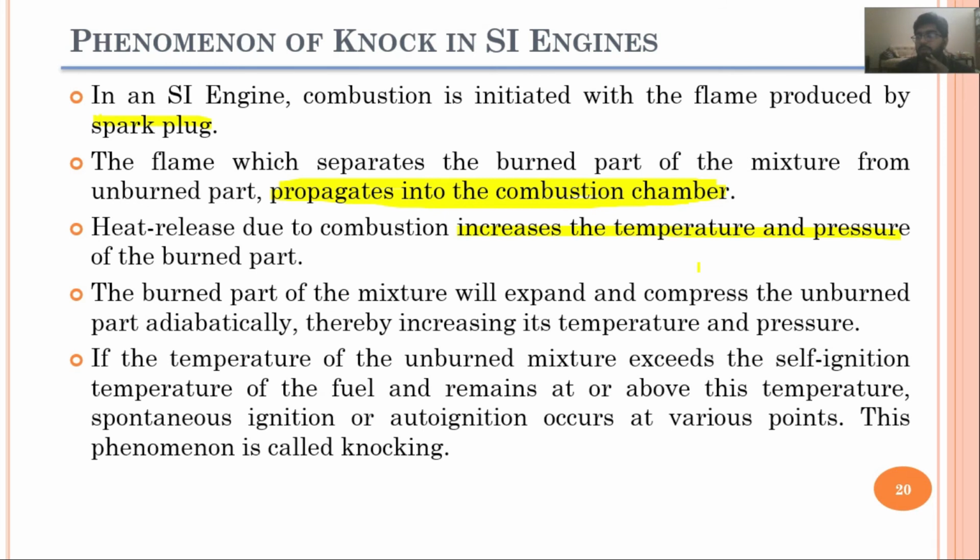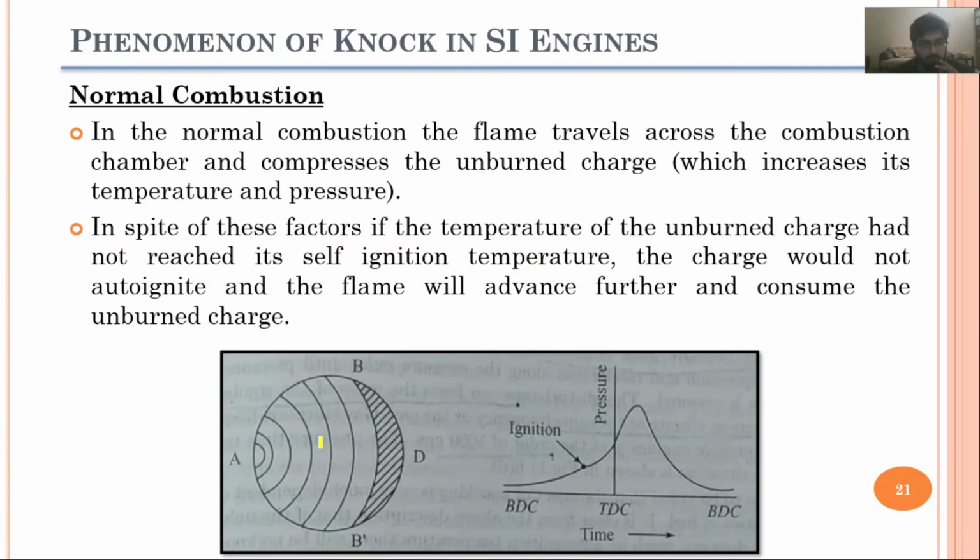So what will happen here is, if I divide the fuel air mixture in the combustion chamber into some layers, here you can see that this is the combusted part.